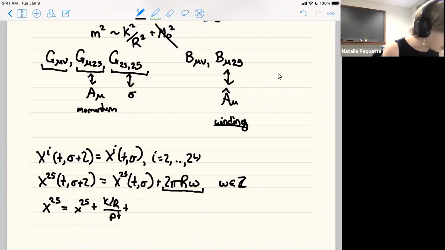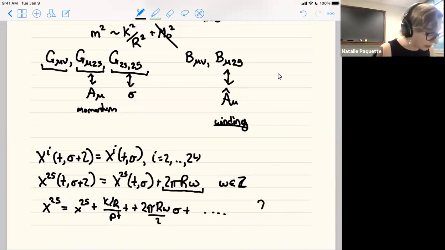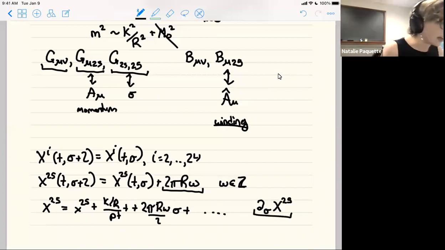The oscillator stuff is all the same, so I won't write it down, but the center of mass degrees of freedom are more interesting. It basically comes from the del sigma of X25 term in the action.